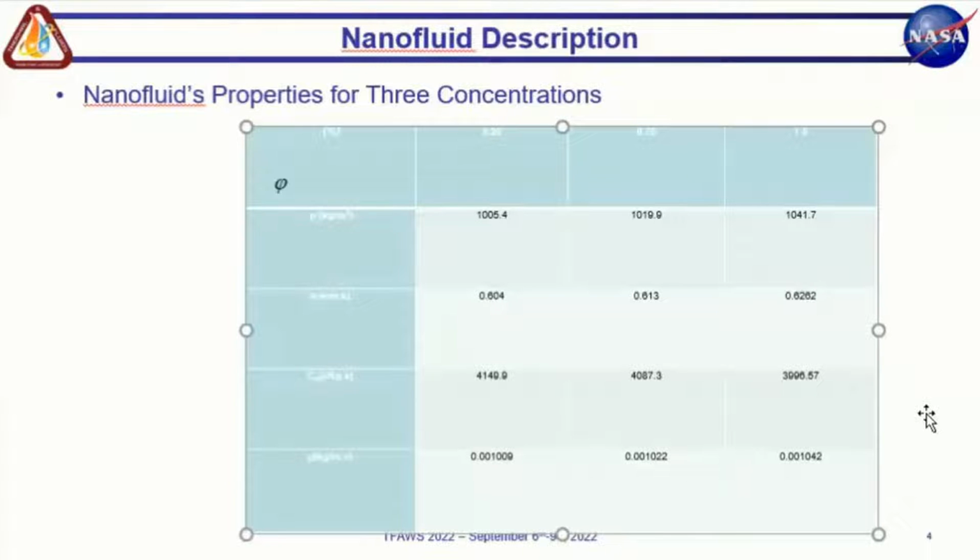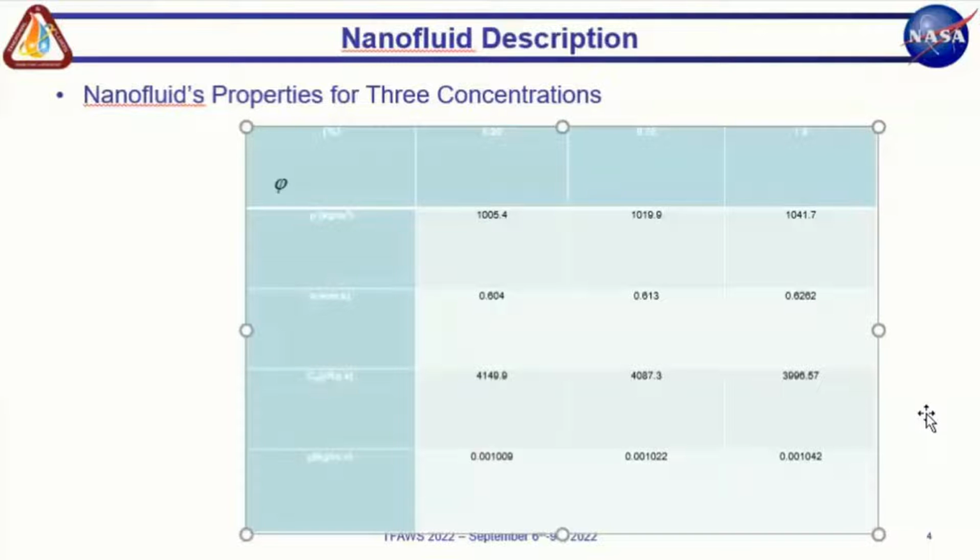Now, I have to mention one thing here. If your concentration is too low, you're not going to get a lot of heat transfer enhancement because you're using a very small fraction of the high conductivity nanoparticles. If your volume fraction is more than 1.5, then you have too many solid particles and you get into issues of sedimentation and so forth.